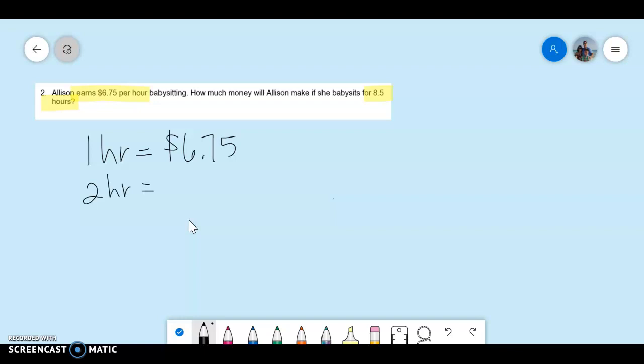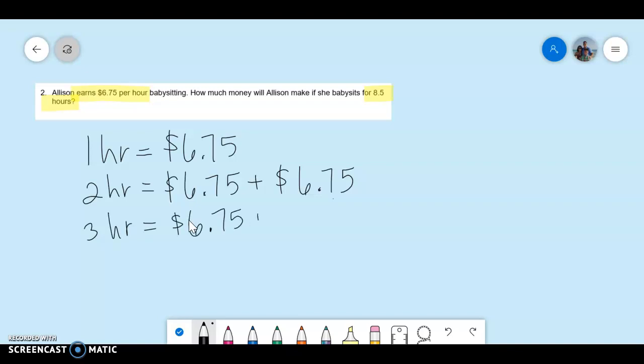I wonder how much money I would make, because I don't think I would make just $6.75. What happens is I would make $6.75 2 times, 1 for each hour. And if there's 3 hours of babysitting, because more time babysitting means more money, that means I'm going to earn 3 of these, okay?